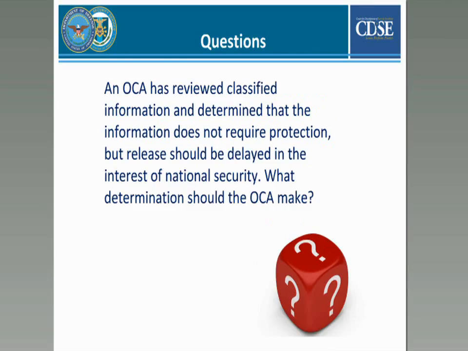We received an additional question about a scenario in which an OCA has received classified information and determined that the information does not require protection, but release should be delayed in the interest of national security. What determination should that OCA make? The answer is that the OCA may not classify the information, although this information fits or may fit into one of the eligible categories of information.